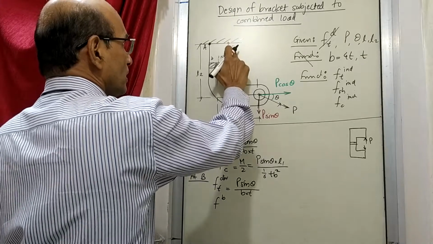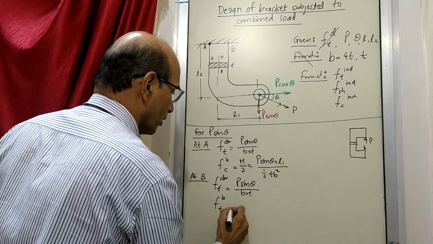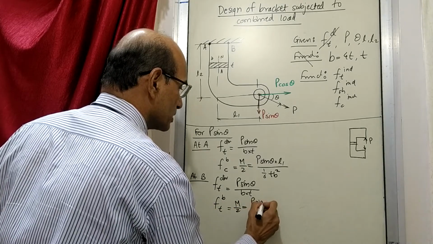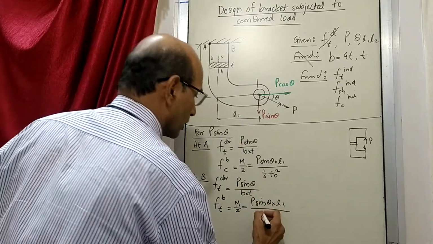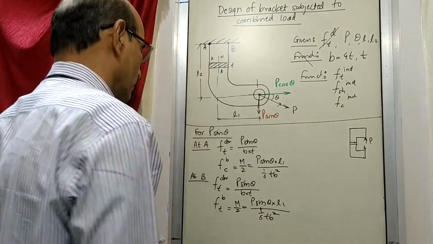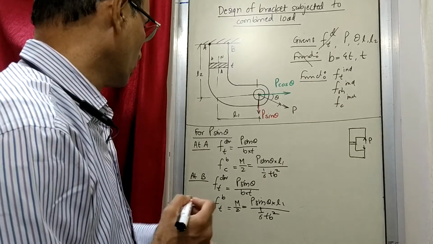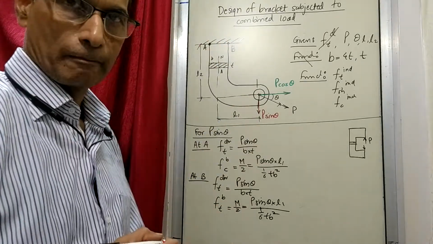So that will create a tensile force here. So the bending effect will be of tensile type, which will be M by Z, which will be P sine theta into L1 upon, now Z will be similar, 1/6 of TB square. Okay, so this is what will happen because of P sine theta at A and at B.